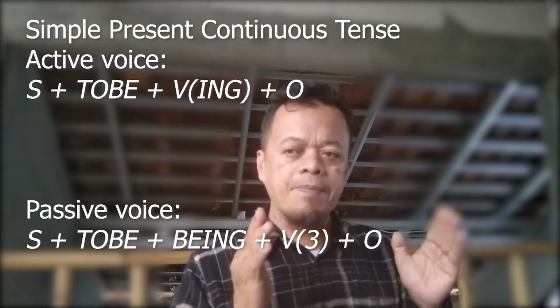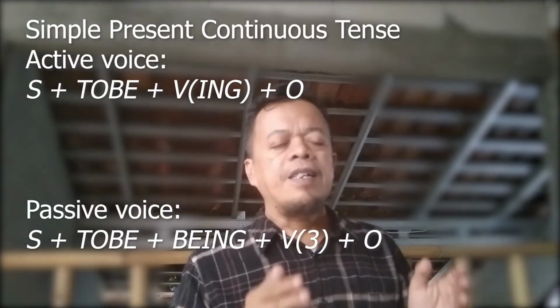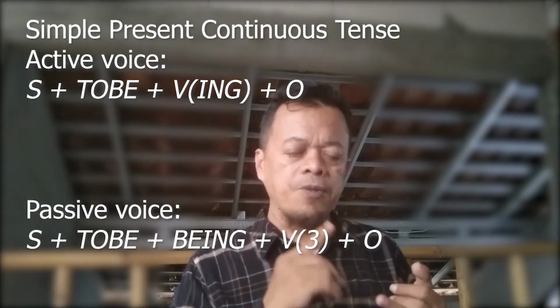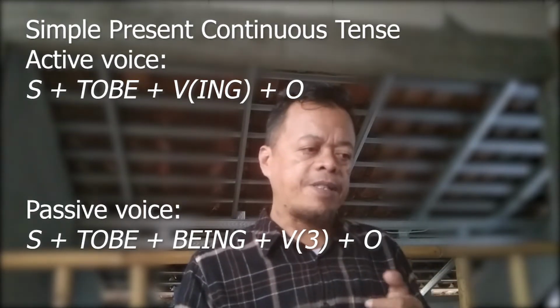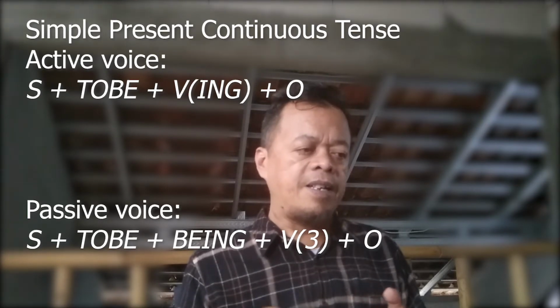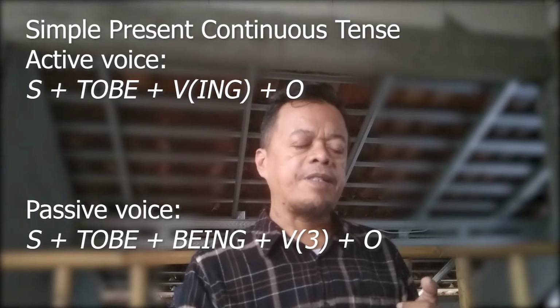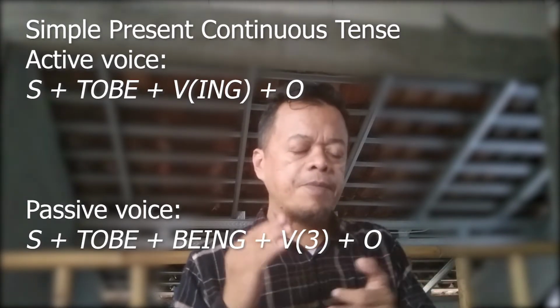Now we jump to present continuous. What about the present continuous tense? It has the formula subject plus to be plus verb-ing plus object, which becomes subject plus to be plus the word being plus object.